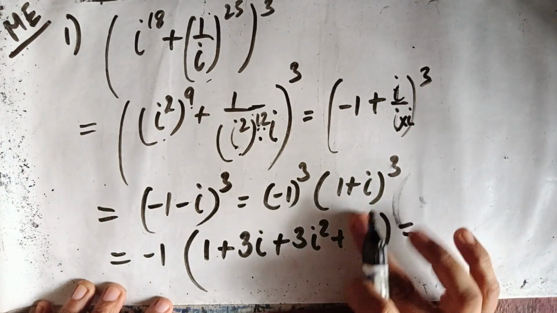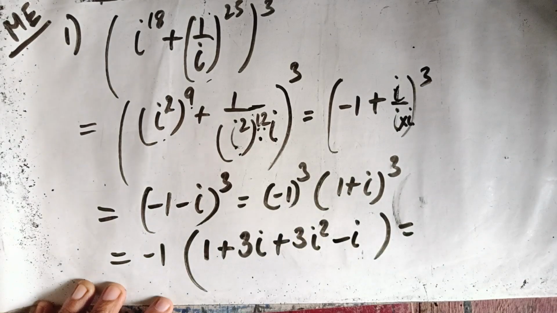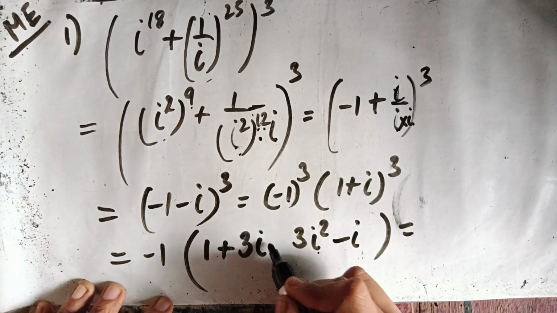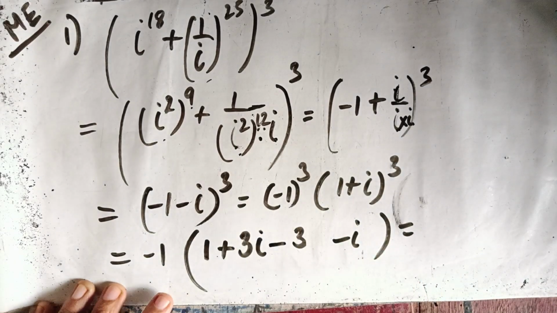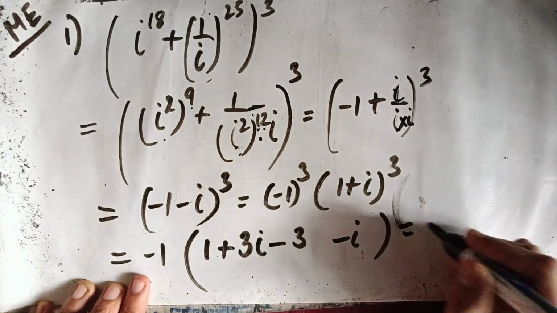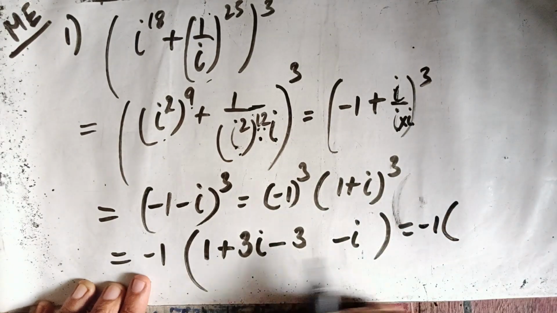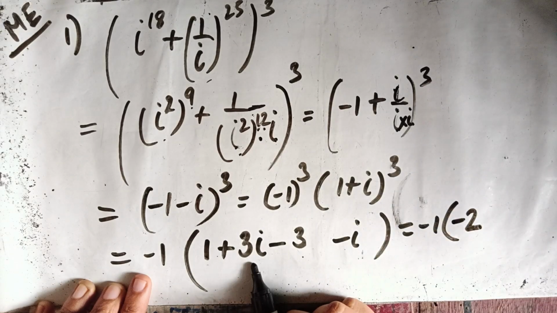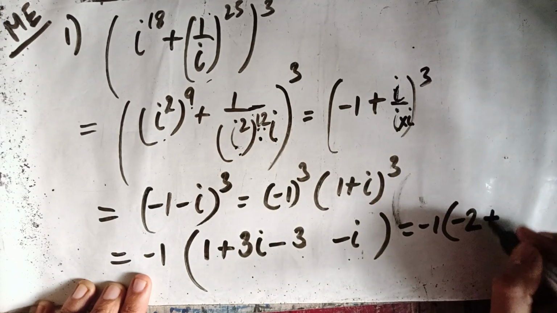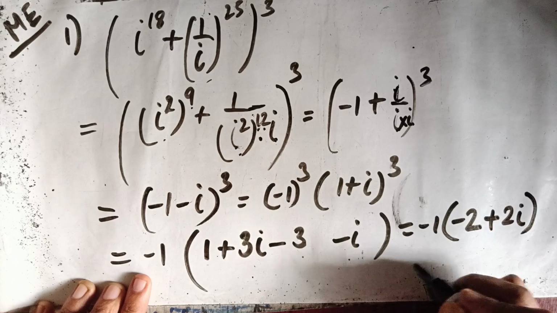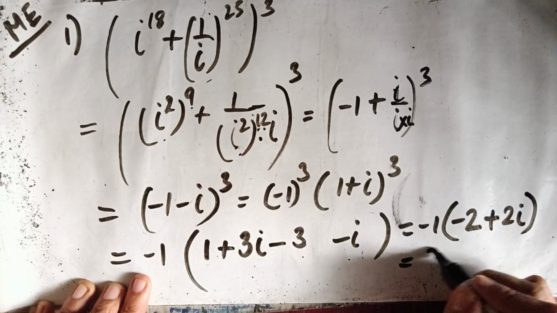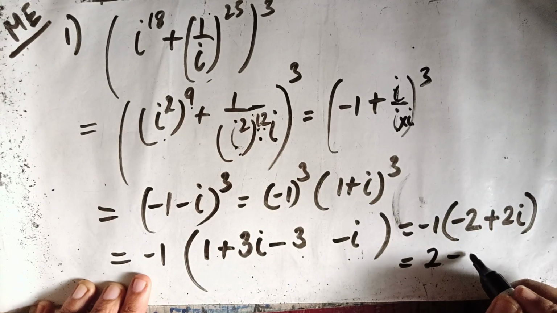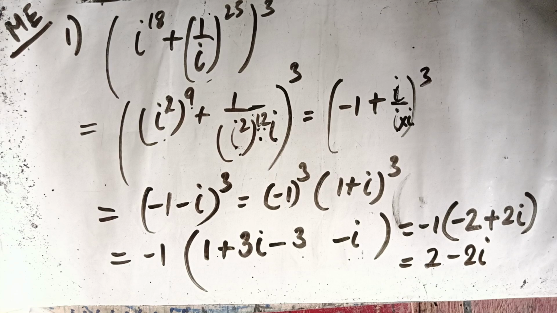This is minus I. This is minus 3. So 1 minus 3 is minus 2, 3 minus 1 is 2. This becomes 2 minus 2i. Okay, this is the answer.